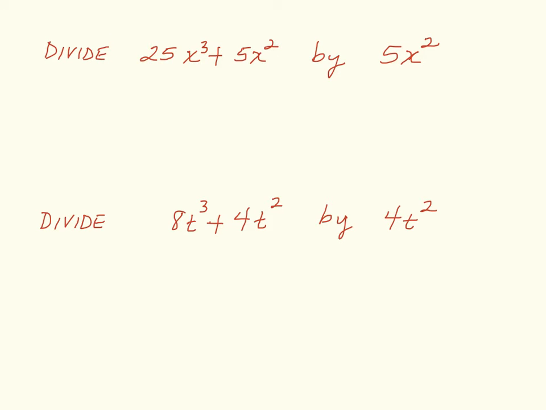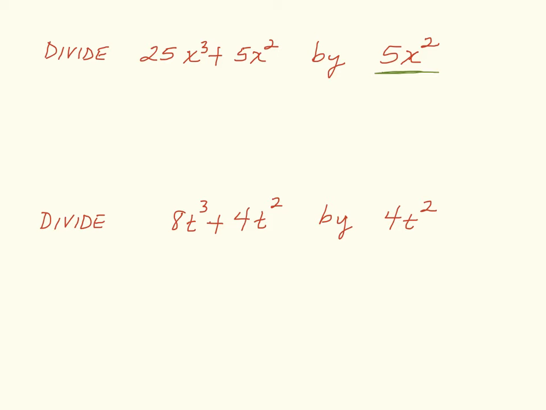Example, divide 25x to the third power plus 5x to the fifth power by 5x squared. First of all, you have to understand that to divide by a monomial is very, very easy. Is 5x squared a monomial? Is it one term? Yes, it's one term.